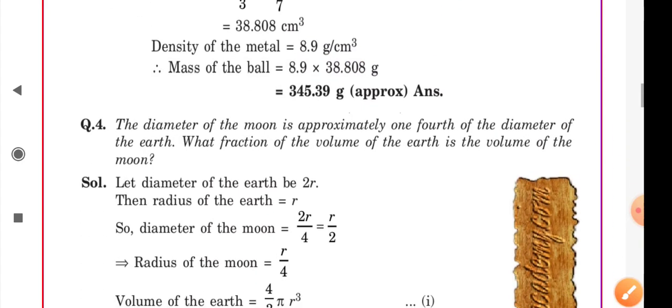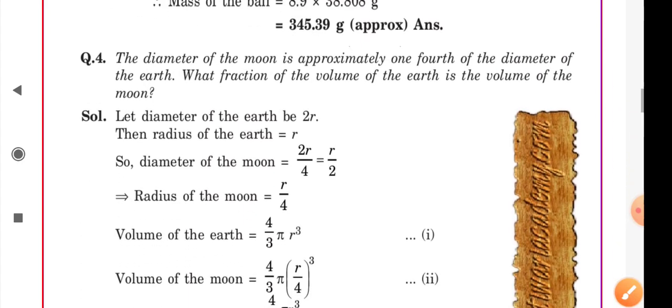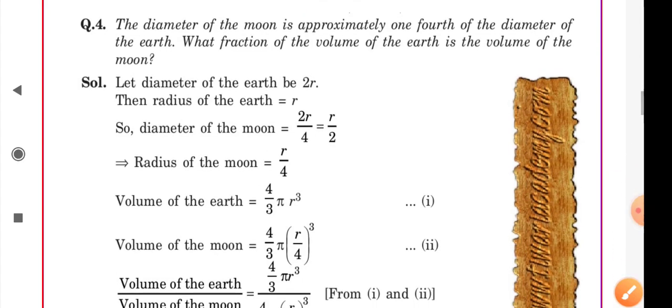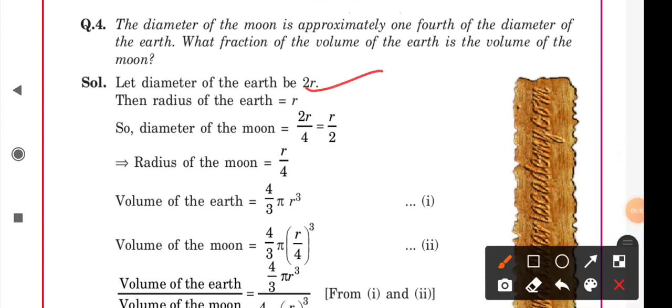Now moving to the next question. In question number fourth, you can see the diameter of the moon, this is a good question. Let the diameter of the earth be 2r, and then the radius of the earth will be r. It is given in the question that the diameter of the moon is 1/4 of the diameter of the earth.